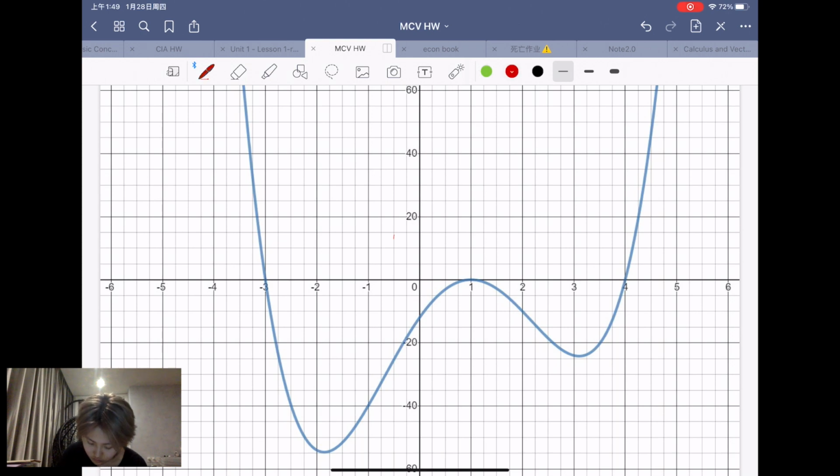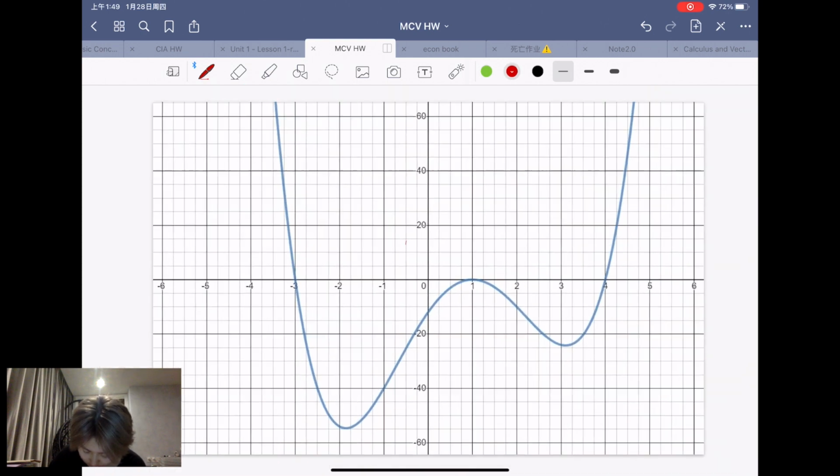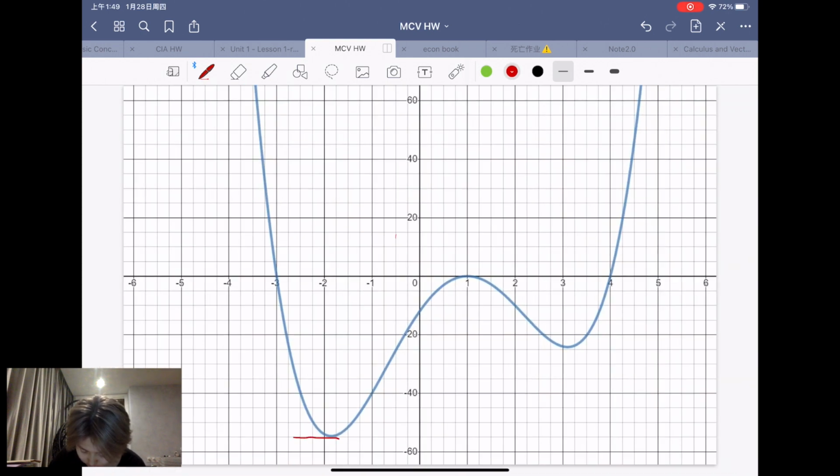At first I found at this point the tangent line is a horizontal line, so the slope should be equal to 0, so m_t equals 0. And we notice that the x coordinate is about -2.